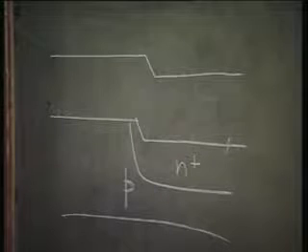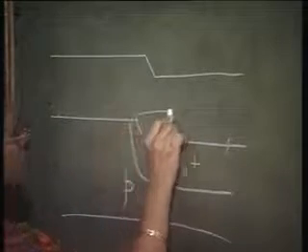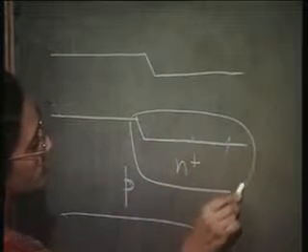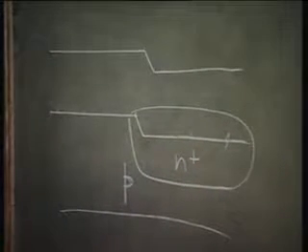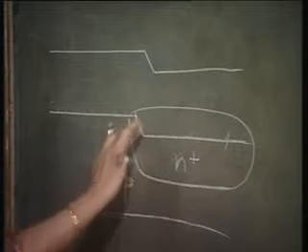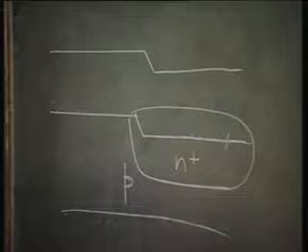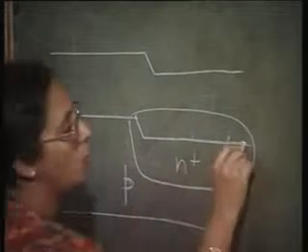So, I have a P type epitaxial layer. During that process, this N plus buried layer will also spread a little bit into the epitaxial region, isn't it?